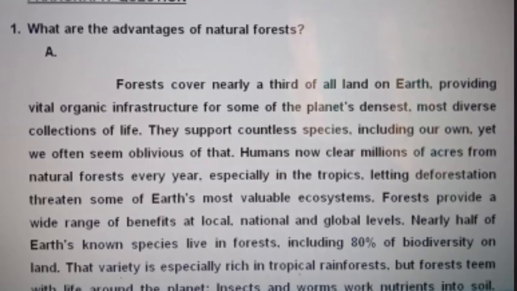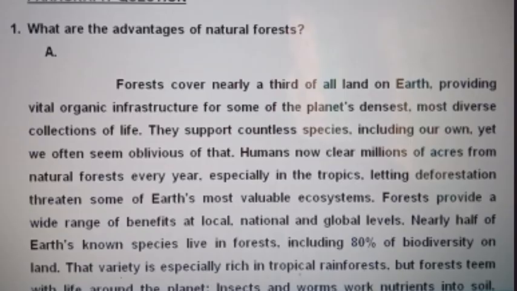They support countless species, including our own, yet we often seem oblivious of that. Humans now clear millions of acres from natural forests every year, especially in the tropics, letting deforestation threaten some of Earth's most valuable ecosystems. Forests provide a wide range of benefits at local, national and global levels.